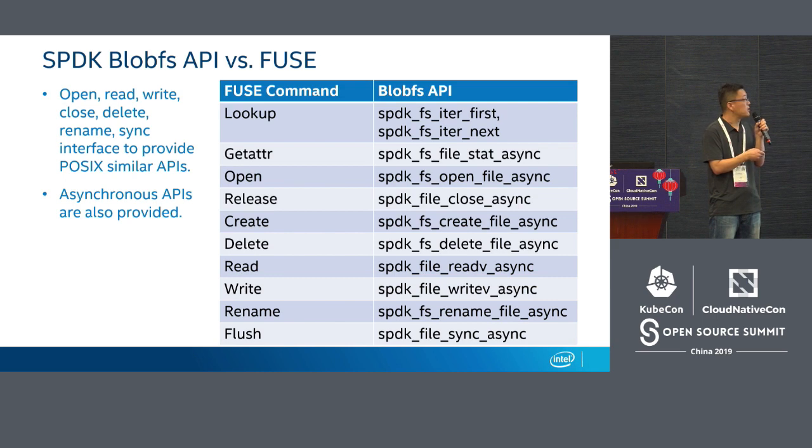For example, for lookup, if you are going to look up a file, we have an iteration from the first file to the next file, and then getattr, open, release, create, delete, read, write, rename, flush. So these are the common APIs.